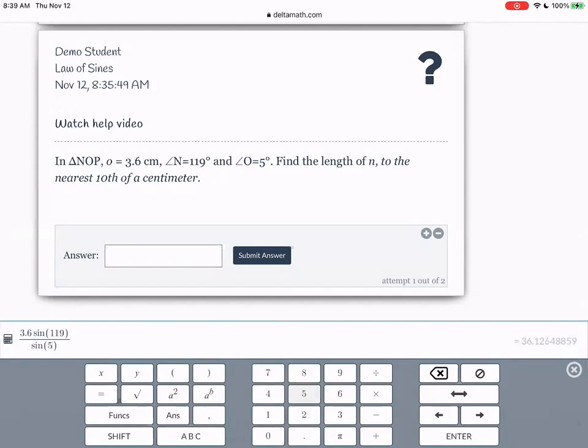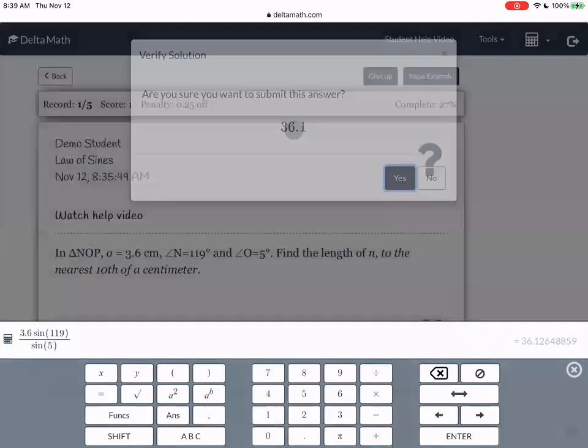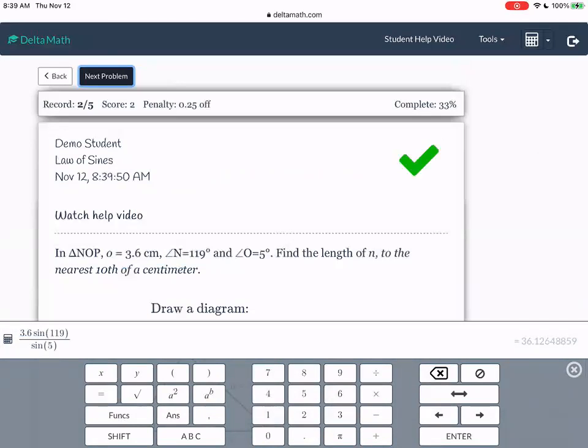And it gives me 36.12, and we want to round it to the nearest tenth of a centimeter. So in the answer box, I will put 36.1. Any questions? Okay, 36.1, submit answer. Okay, let's go on to the next section.